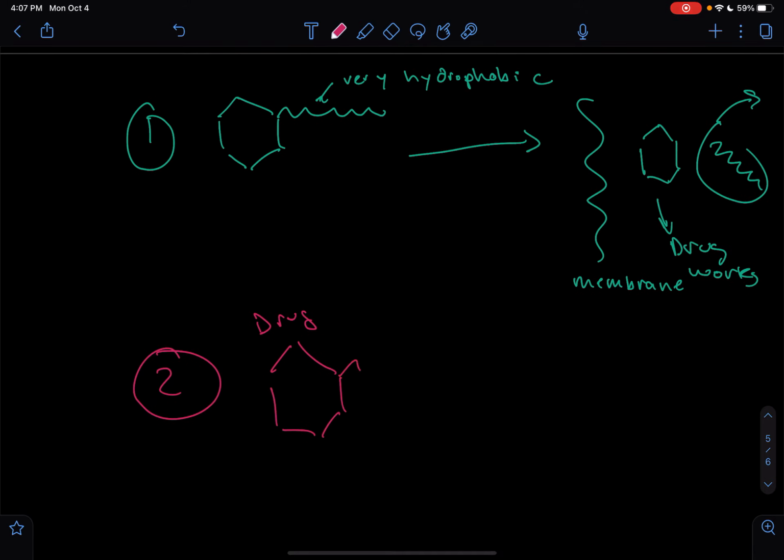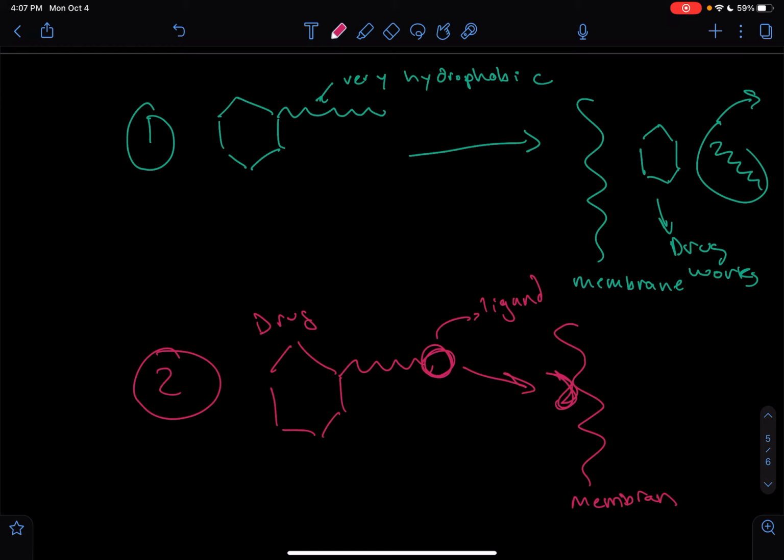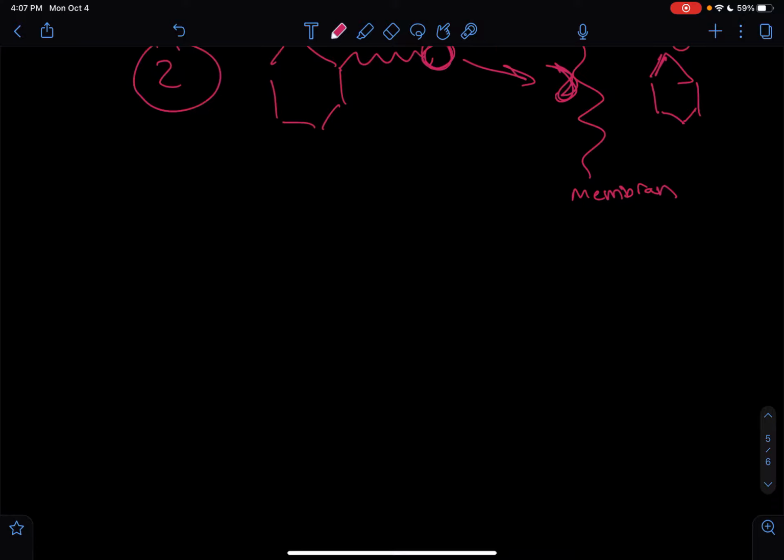But then I add this portion right here, and this is actually a ligand that attaches to a receptor on the membrane. So this is my membrane, and let's say this is my receptor. So it matches this right here. That can get in, and again, the drug is able to work inside, right? Okay, it works. So those are those two ways.